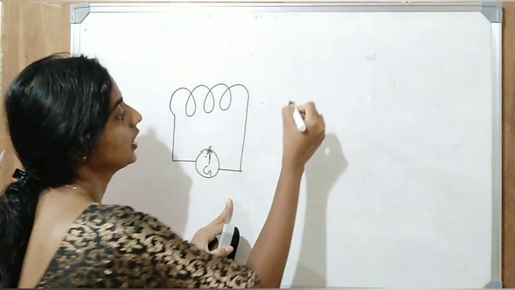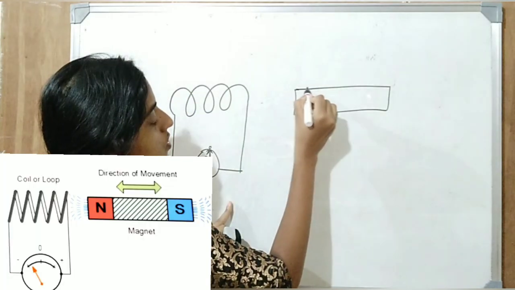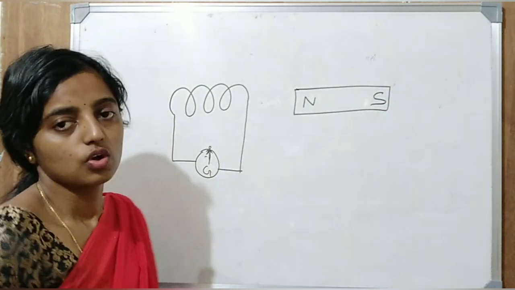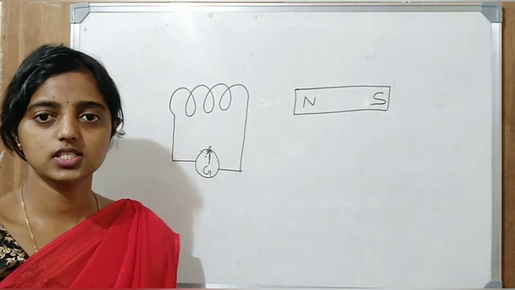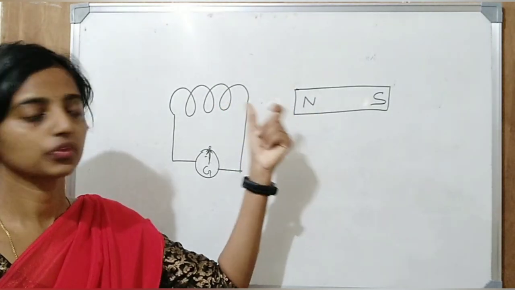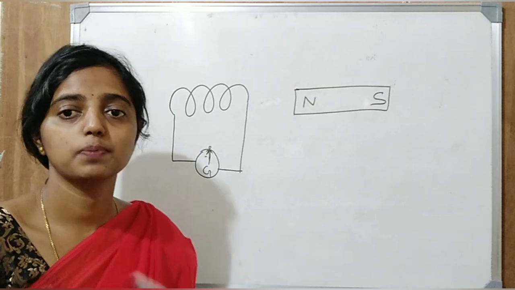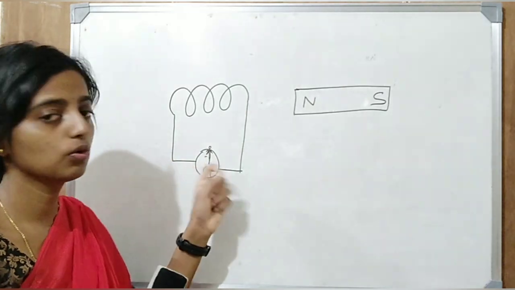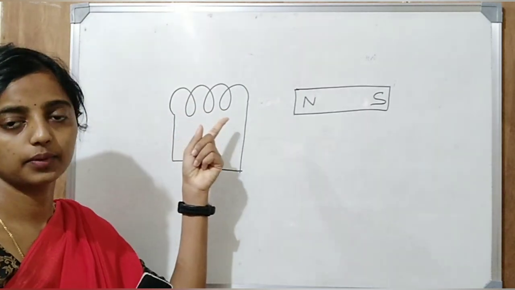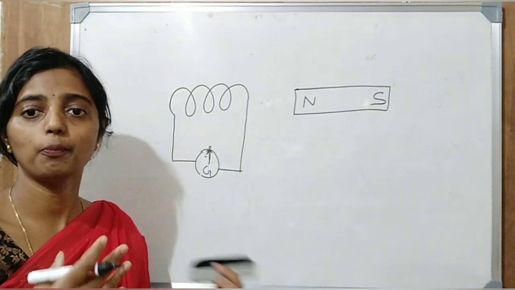Next, he took a magnet and kept it aside. Let this be the north pole and this the south pole. When he kept the magnet next to the coil, he was expecting the needle to move to show the presence of current. But we don't have any battery here. We don't have a battery, we don't have a plug key.